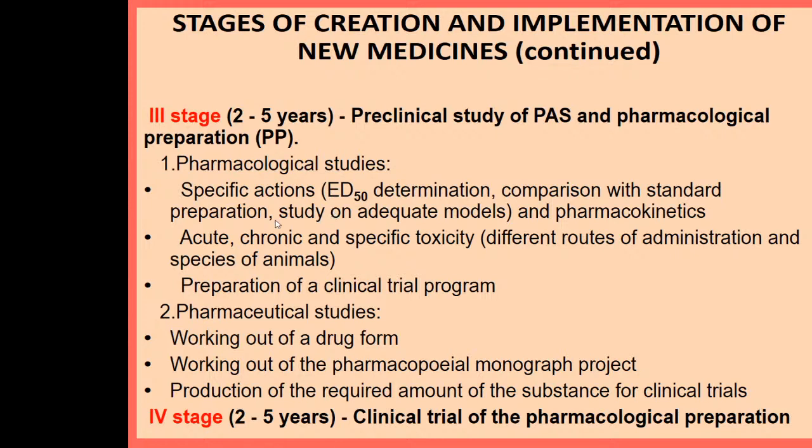And of course we should study on animals, but on adequate models. It's not interesting, for example, to study hypotensive activity in normal animals. The drug should act in conditions of arterial hypertension. So we should first model arterial hypertension in animals, and after that investigate the drug.